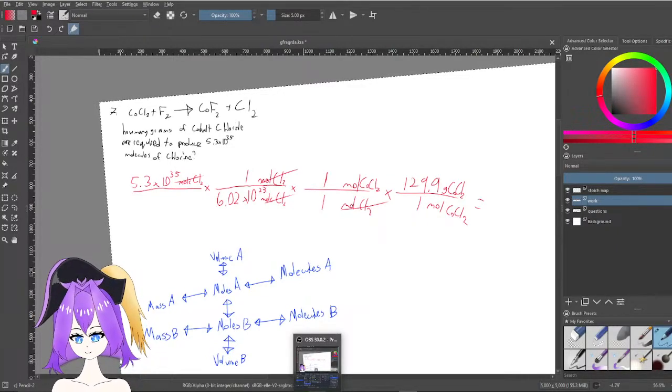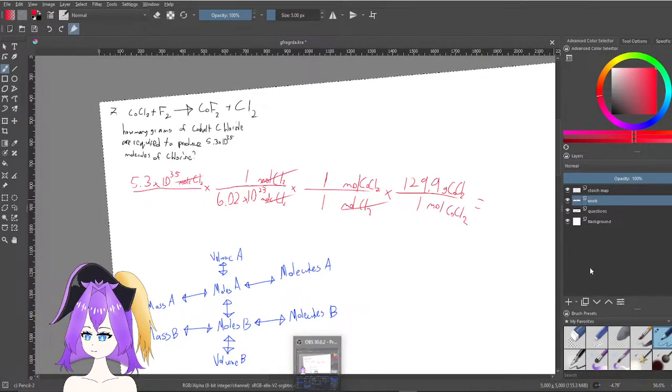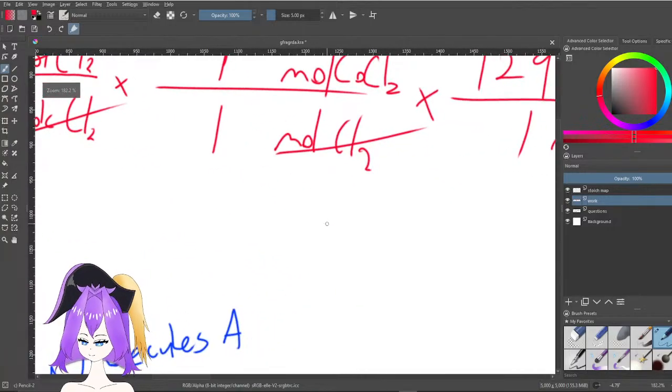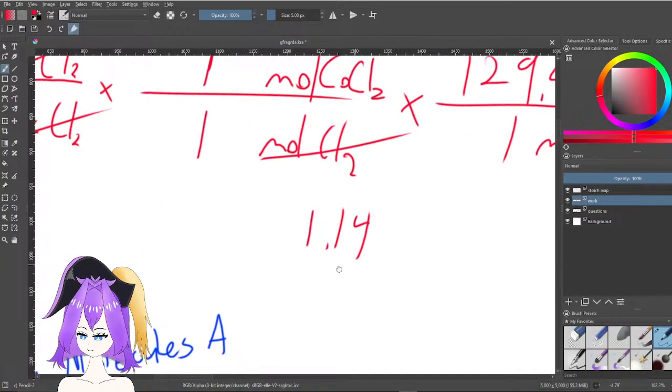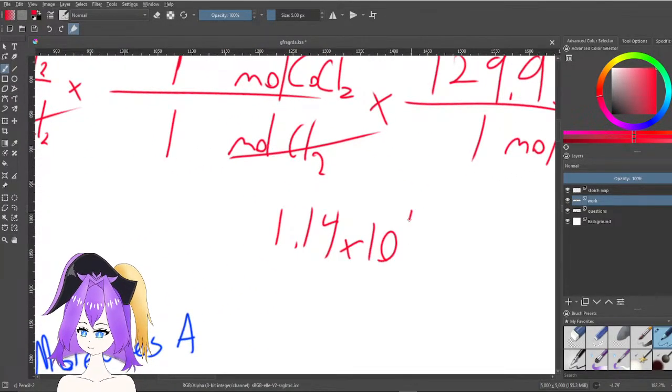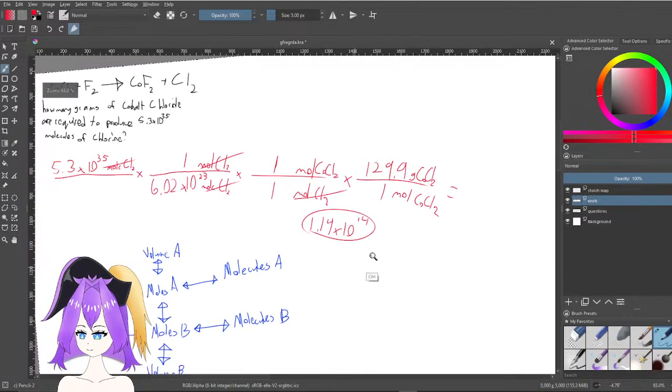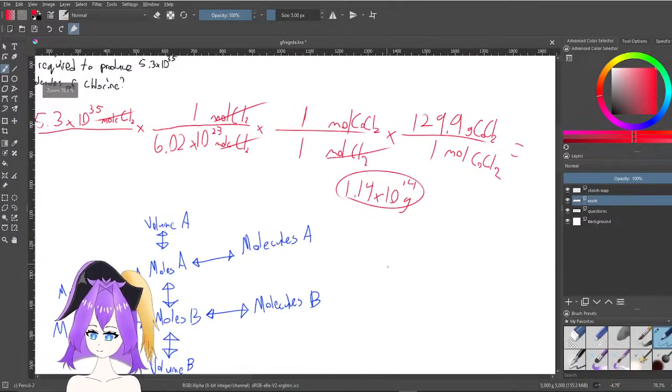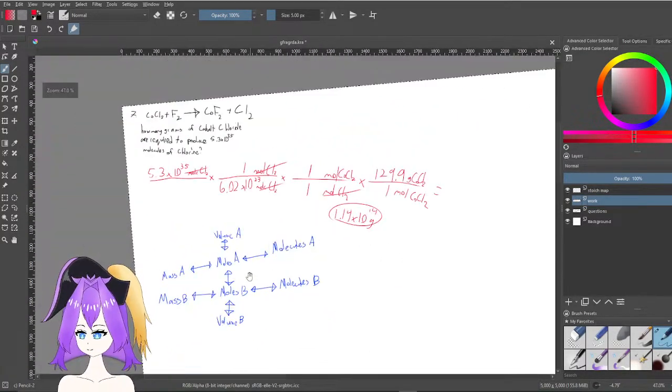And that still doesn't look right. I get 1.14 times 10 to the 14th. That doesn't look right, because that would be really, really heavy.